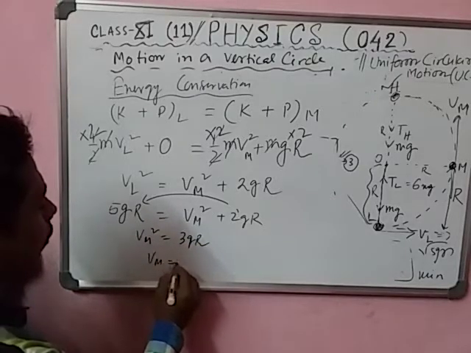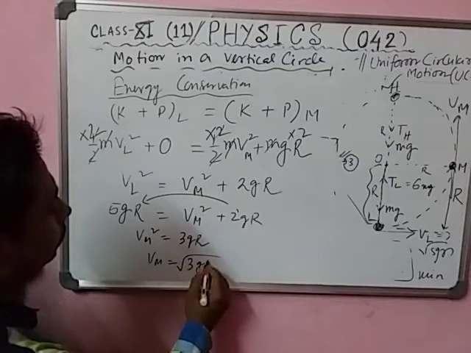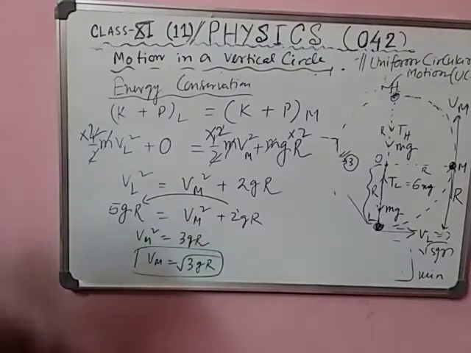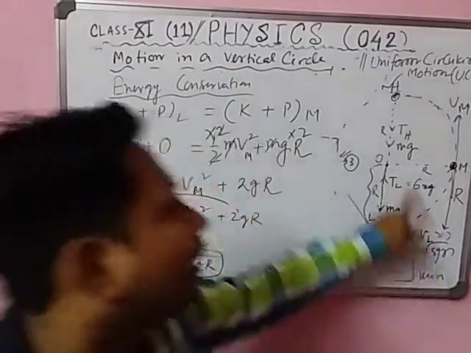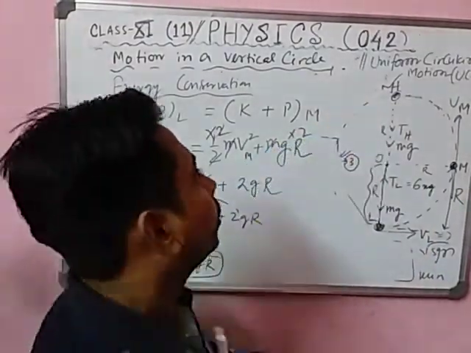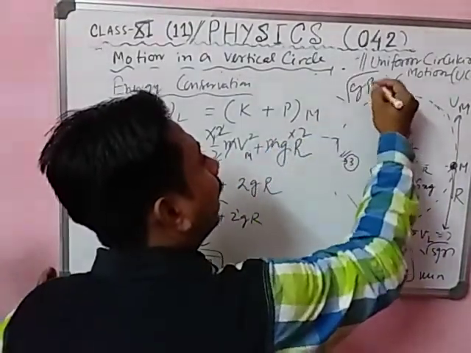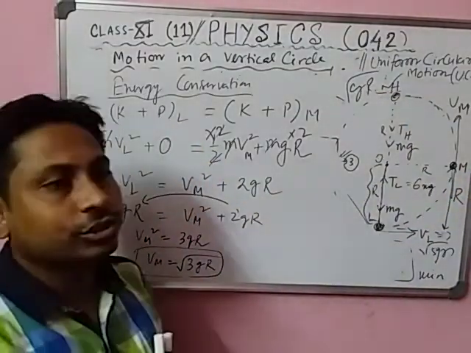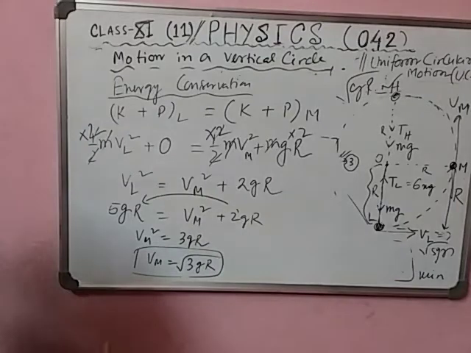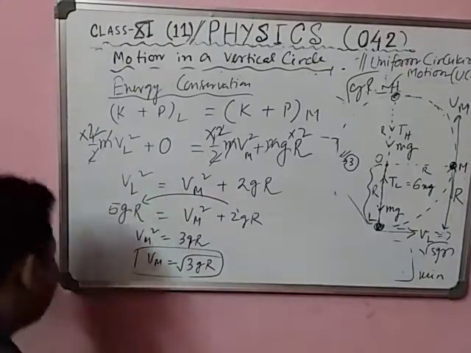So Vm equals root over 3gr. So you tell me, lower point velocity how much? Root over 5gr. Highest point velocity how much? Root over gr. Midpoint velocity how much? Root over 3gr.